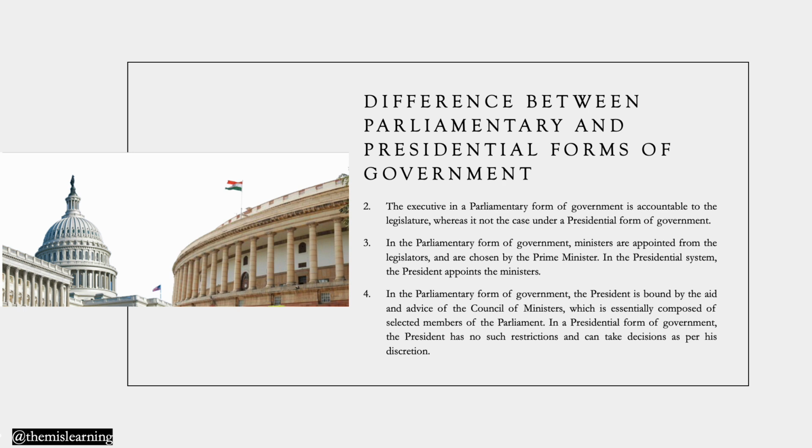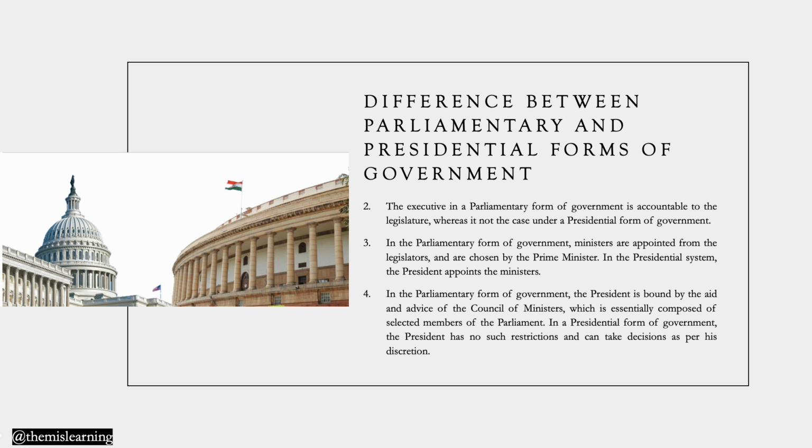Thirdly, in the parliamentary form of government, ministers are appointed from the legislators and are chosen by the prime minister. In the presidential system, the president appoints the ministers. The fourth difference is in the fact that in the parliamentary form of government, the president is bound by the aid and advice of the Council of Ministers, which is essentially composed of selected members of the parliament.